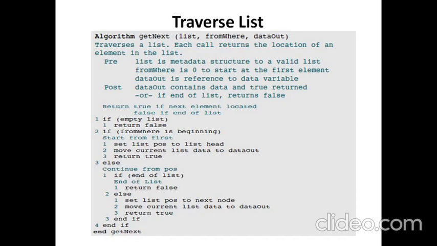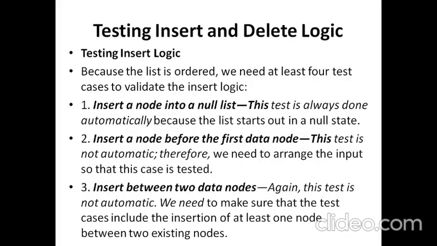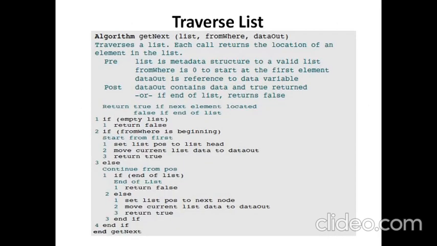The moment the pointer variable hits null, you can end this traversal, knowing that this must be the last node in the linked list. So you can even write your algorithm based on this idea, the traversal algorithm. So these are the various algorithms to be implemented for the linked list.